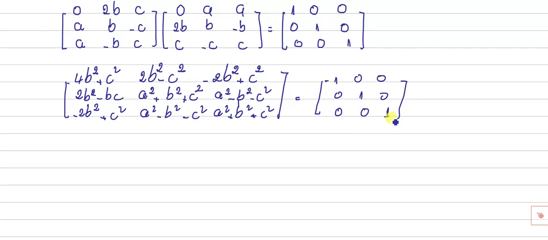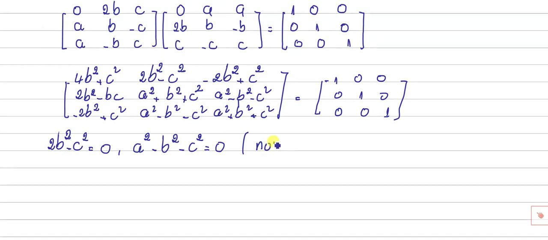So now we get 2B squared minus C squared equal to 0, and A squared minus B squared minus C squared equal to 0 is none because it is a non-diagonal element.